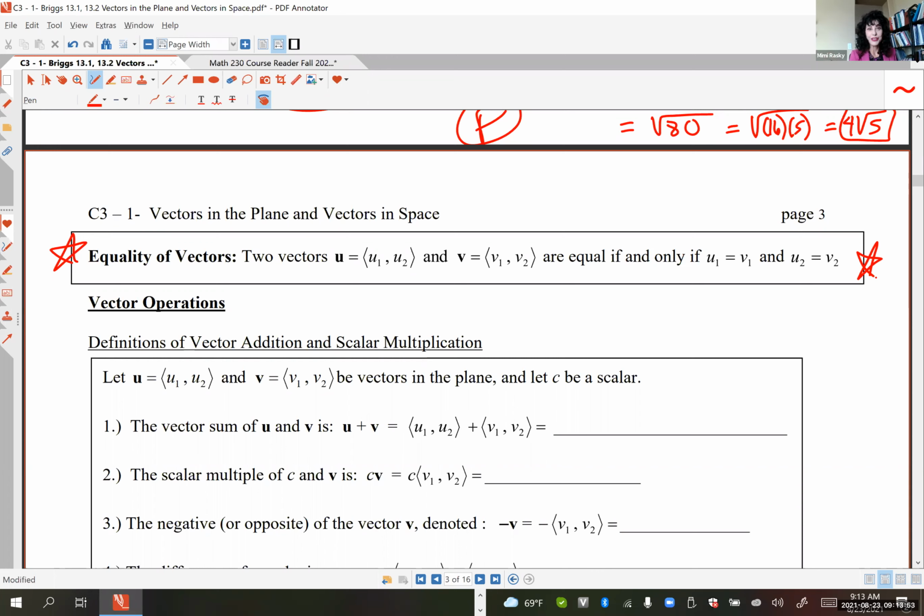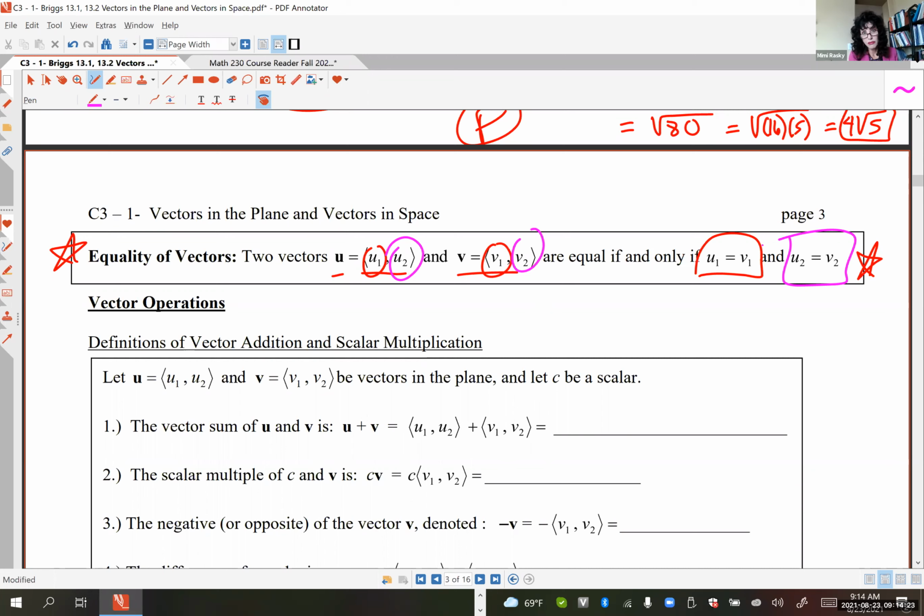Equality of vectors. So what does it say? It says a vector U that has the component form U1, U2, and another vector V with components V1, V2 are considered equal if and only if their scalar components match. So the U1 had better be equal to the V1, and the U2 had better be equal to the V2.